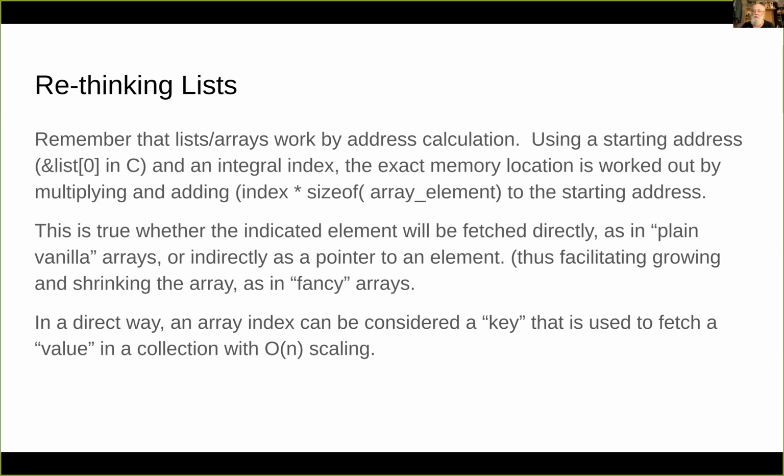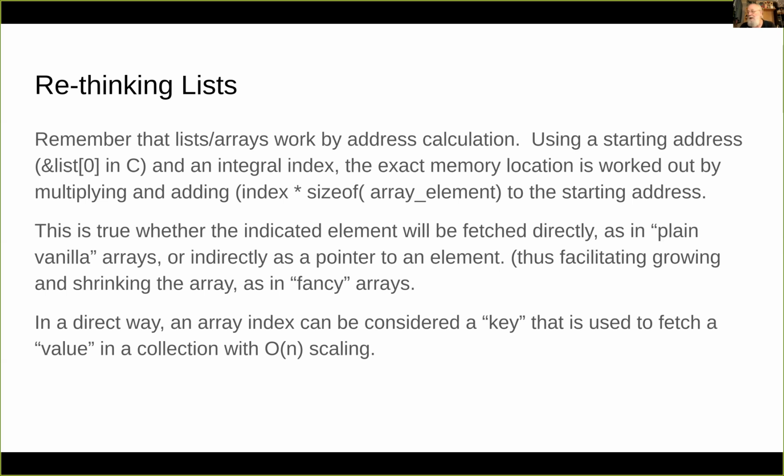And these fancy arrays that use an indirect reference from the element to the value also facilitate growing and shrinking the array. And that's very handy for a lot of array implementations, including, for instance, queues and decks and stacks, which are mentioned in the initial chapter. Those all work a lot better if you have dynamic or adjustable arrays.